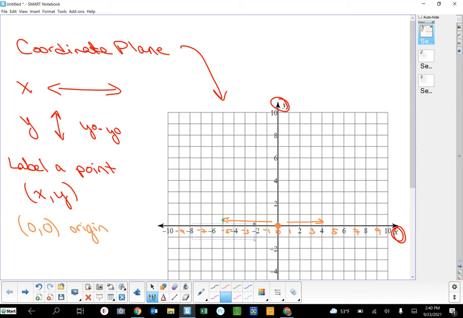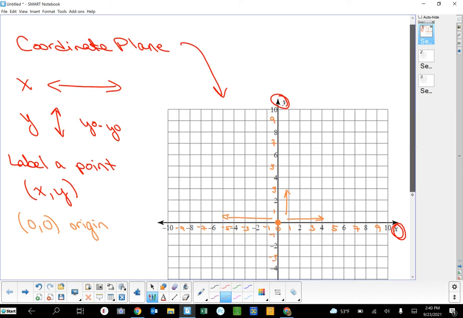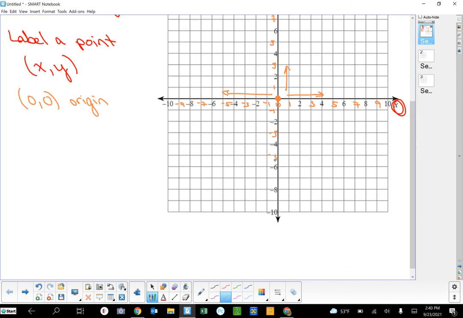And then the y is similar. It goes positively up, so 1, 2, 3, 4, 5, 6, 7, 8, 9, 10, and negatively down, starting at 0, -1, -2, -3, -4, -5, -6, -7, -8, -9, and -10, right?